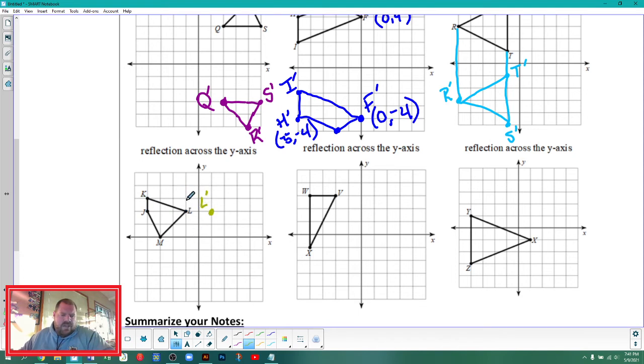L prime, because its coordinates were negative 1, 2. And when I switch the sign on the x-coordinate, that turns into 1, 2. Okay, it doesn't always mean make it negative. It means have the opposite value, opposite positive or negative.